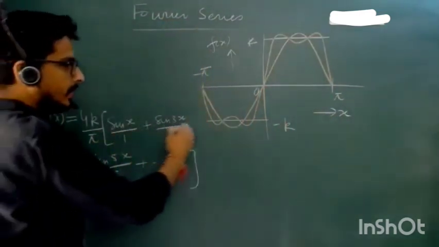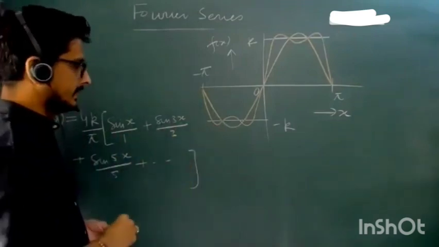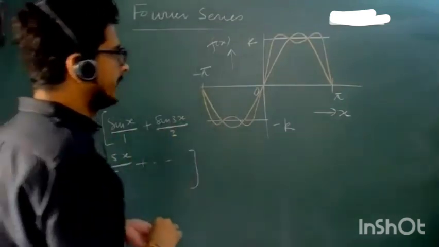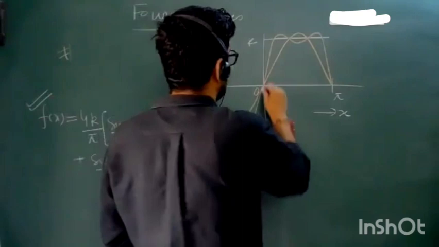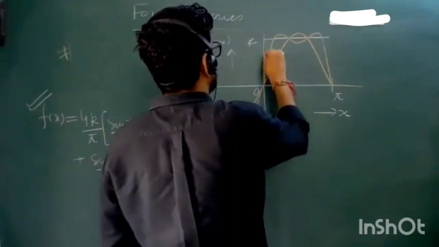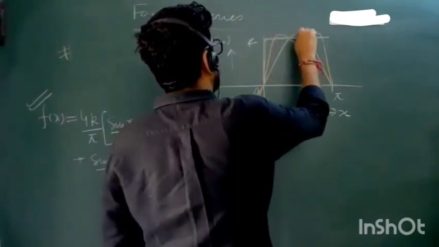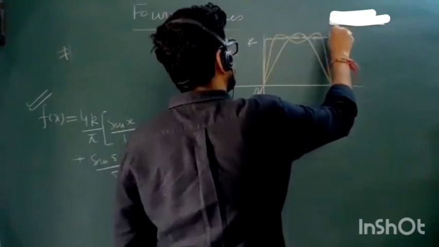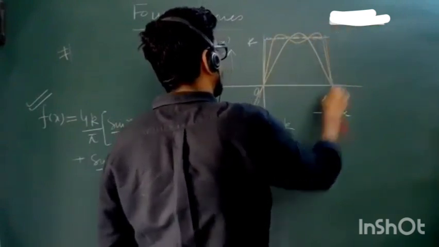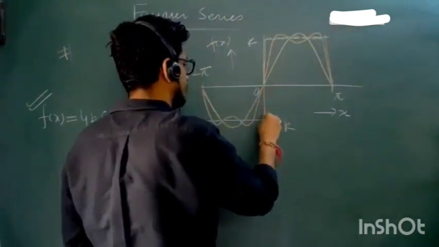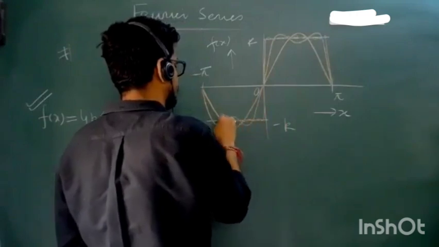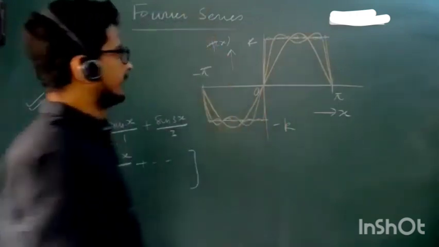And if more and more terms are taken, suppose too many terms are taken, then the graph will become like this. It will just start copying the original function. Can you see that?